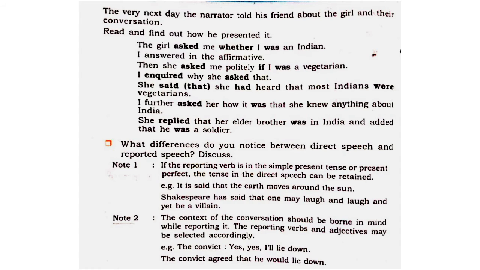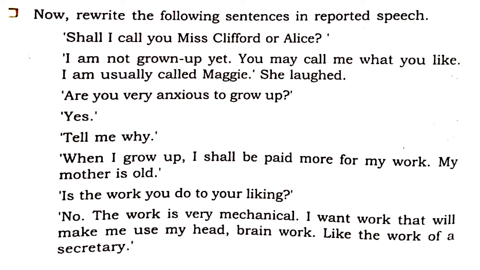The convict: Yes, I will lie down. You can see the reported form: the convict agreed that he would lie down. Now write the following sentences in reported speech. Come on, he asked you to prepare the passage or sentences into reported speech. We have to change it into reported speech.